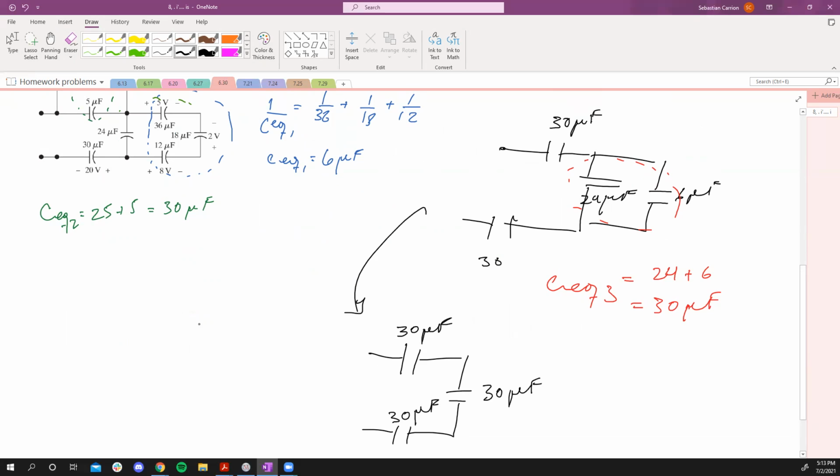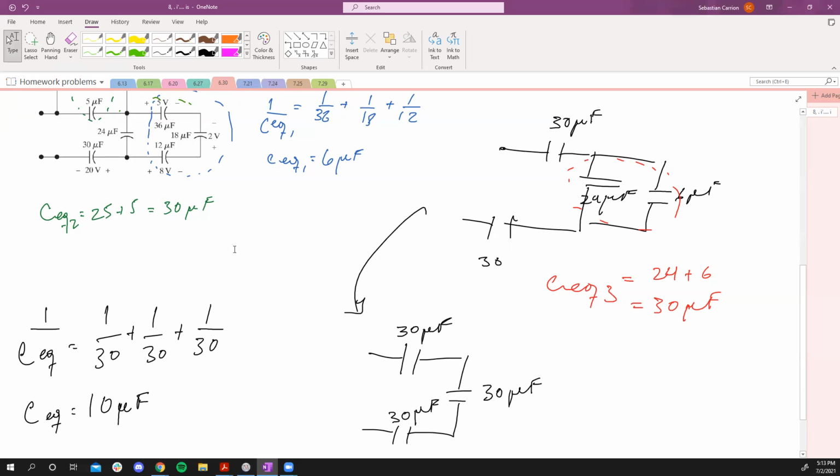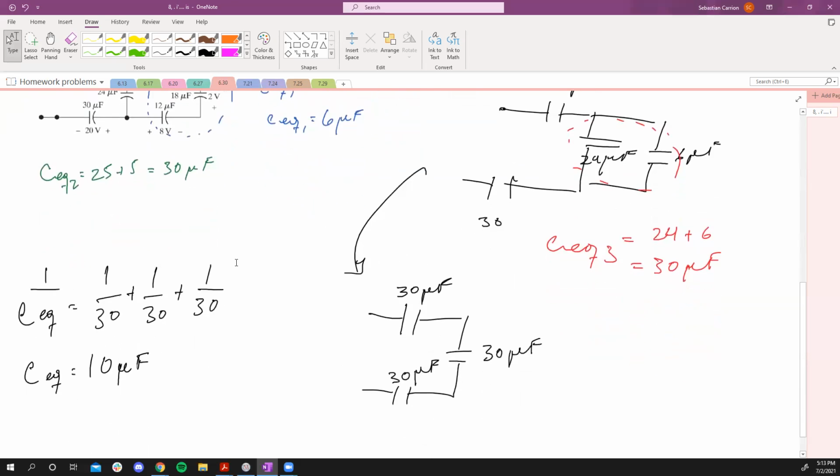And now we have these in series. So our equivalent capacitance looks like this. And this is 10 microfarad. And yeah, I think that's the last part to this problem. Let me make sure. Yeah, there's only 2 problems.